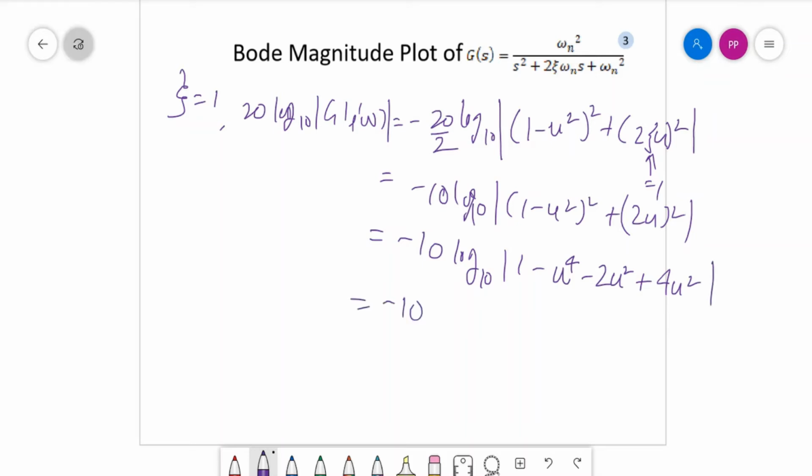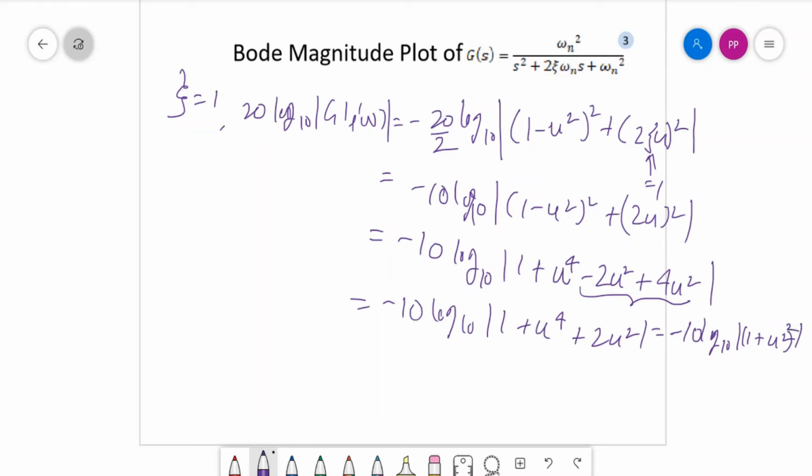This is equal to minus 10 log base 10, 1 plus u to the power 4, where these two combine to give plus 2u square. This is nothing but minus 10 log base 10 of 1 plus u square whole square. So this again becomes minus 20 log base 10, 1 plus u square.